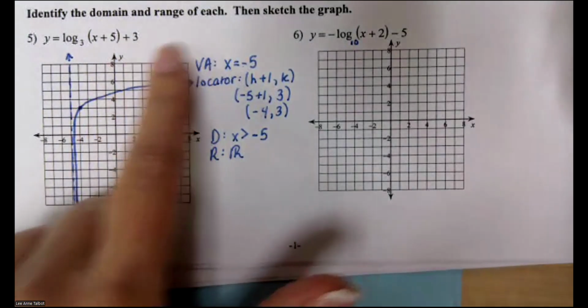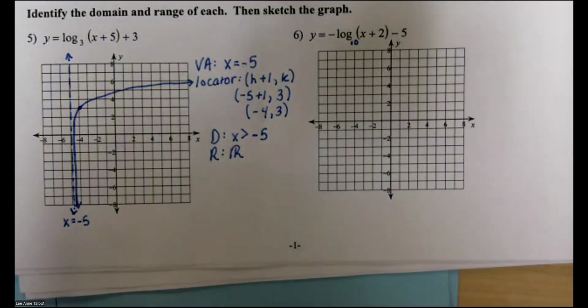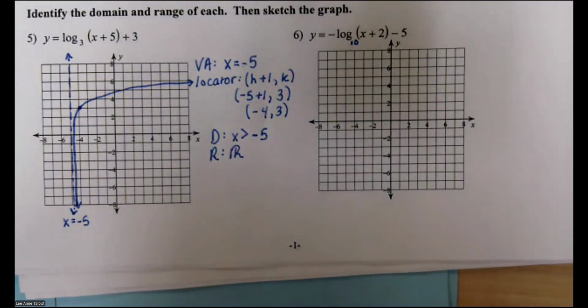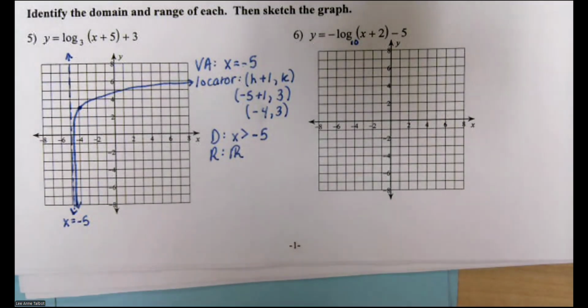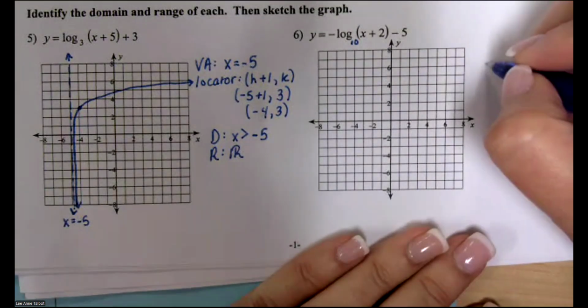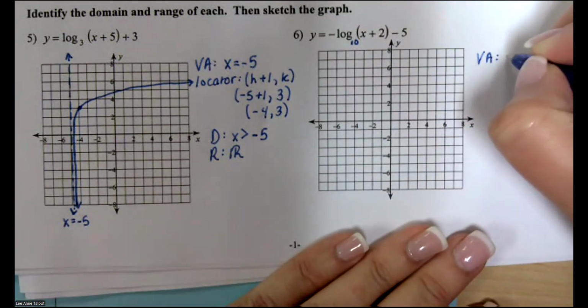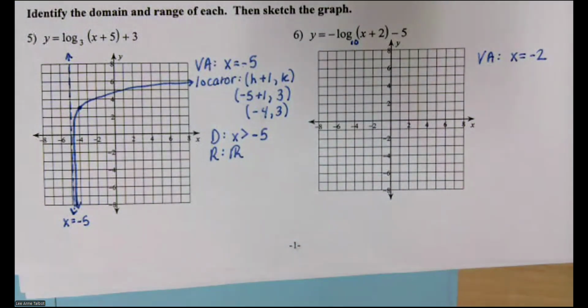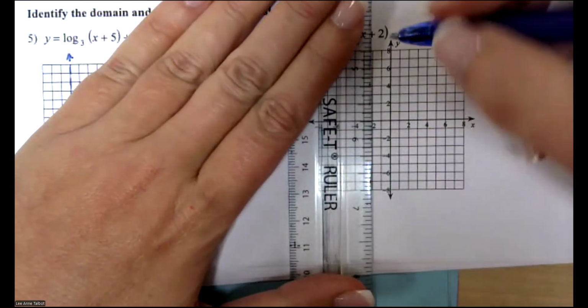Since we're just sketching, we don't really care about the base, but just want to remind you, base is 10 when there's nothing there. Why? Because you have 10 fingies. Okay. Vertical asymptote at x equals -2. Everybody good with that? Yes, okay.